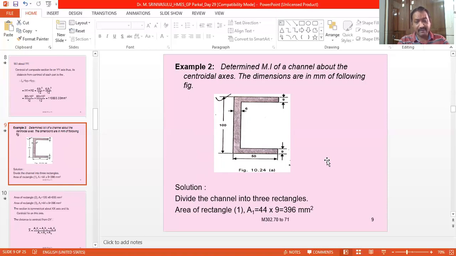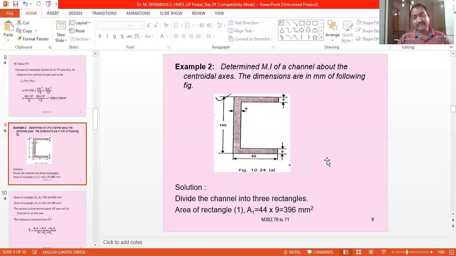And here also one of the important things that we have to note. This given C section is symmetrical about the x-axis. Therefore the centroid will be lying on this x-axis.